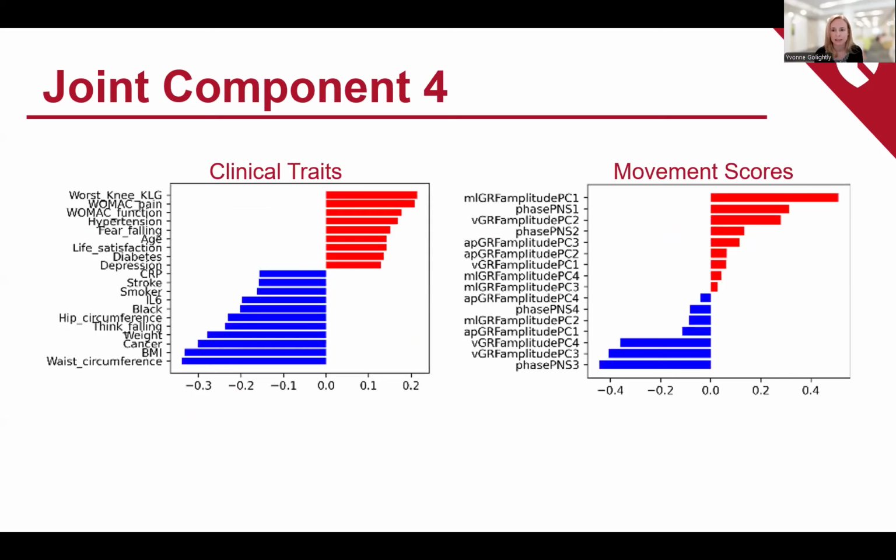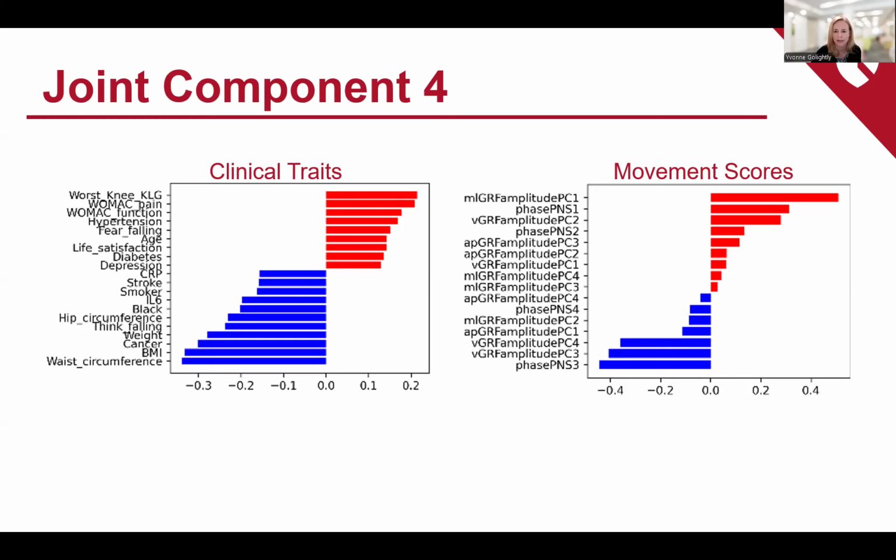And then our final component, the fourth joint component, the features that were related to worse knee OA or greater severity of radiographic knee OA, greater pain and poor function, had the highest positive loadings here in red. And clinical traits that were related to poorer health, so waist circumference, greater BMI, and a history of cancer, had the largest magnitude negative blue loadings.